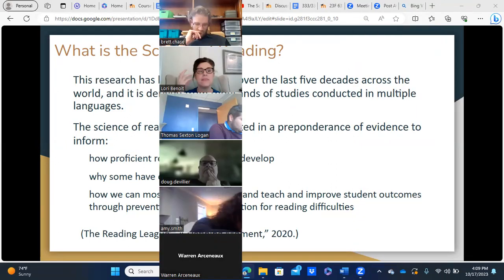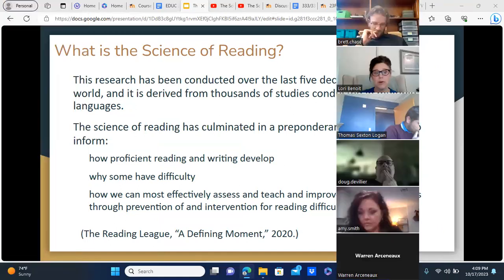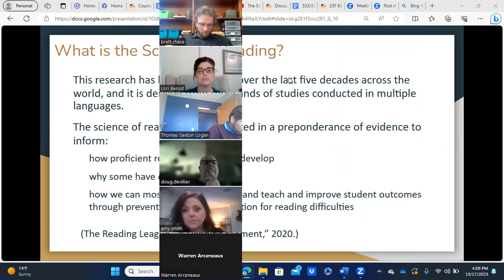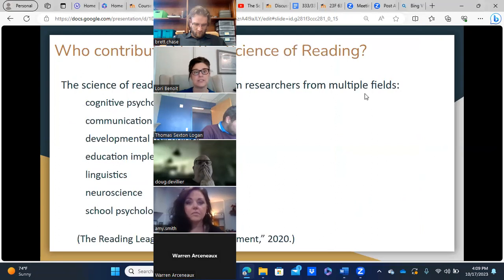It's culminated in this preponderance of evidence that informs how proficient reading and writing develop, why some learners have more difficulties than others, and how we can most effectively assess and teach and also improve student outcomes through prevention and intervention of these literacy strategies.